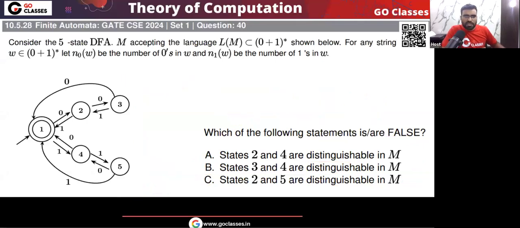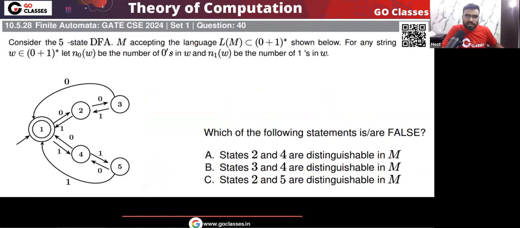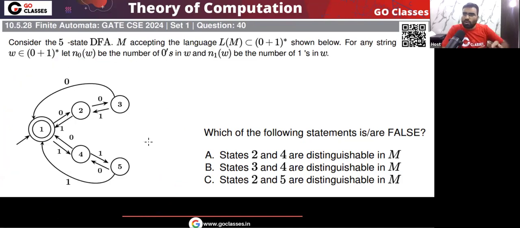Is this question clear to everyone? The question is asking which states are distinguishable and which states are equivalent. We have already seen this in today's lecture, and you have become an expert at which states are equivalent and which are not, so whatever question they give you in the GATE exam, you can solve it easily. Remember one thing: to check if two states are equivalent or not, you don't have to check all the strings.